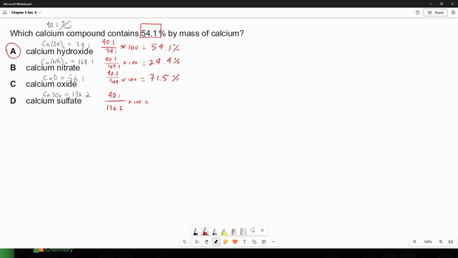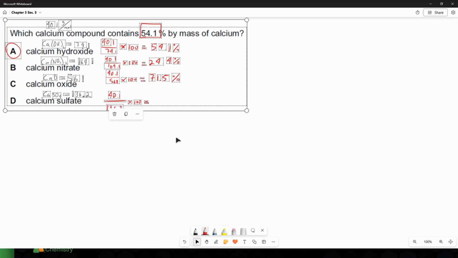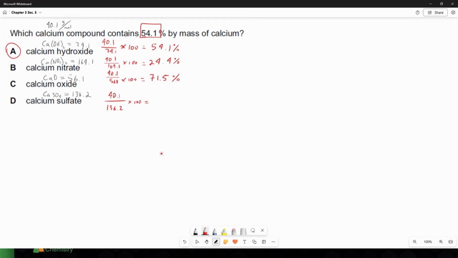And then if we did calcium sulfate, we will have 40.1 divided by 136.2 times 100, which will be 29.4. So you can see that the only one that gives us an answer that is even close to the percentage that we had was A.